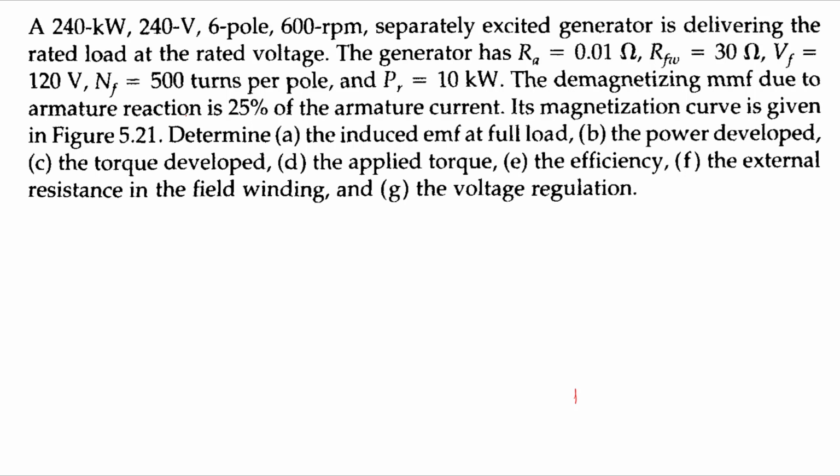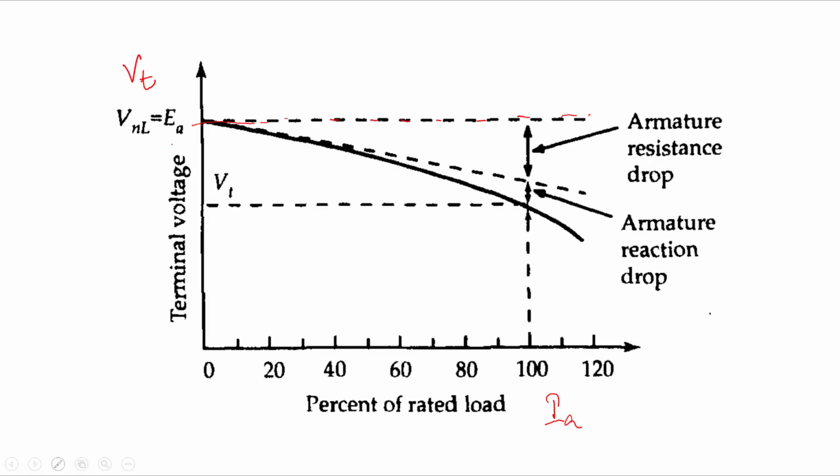So VNL will be equal to Ea, that is the induced EMF, right? And now if we plot Vt equal to Ea minus Ia Ra, this will be this dotted line, right? It is correct, right?